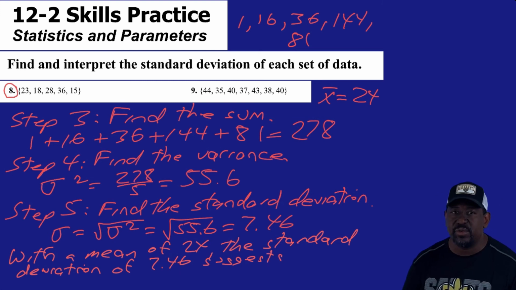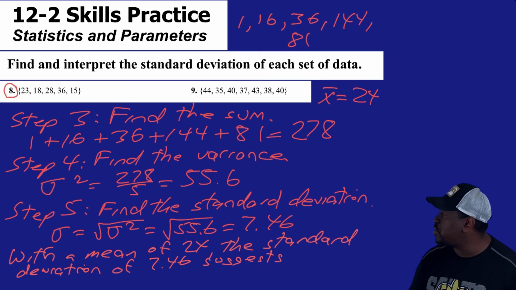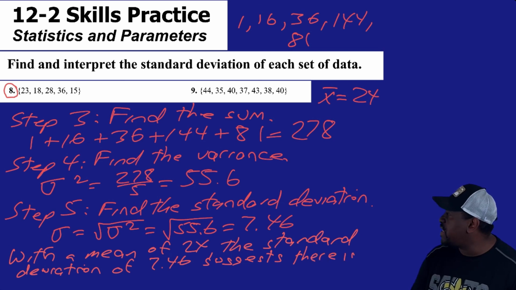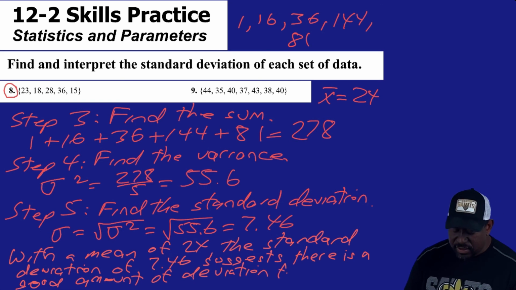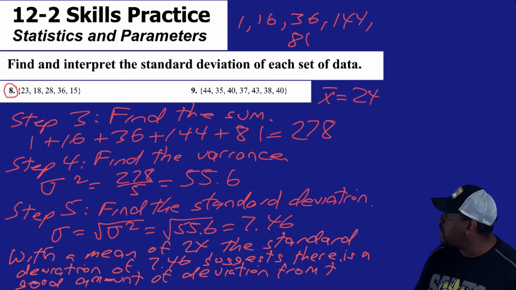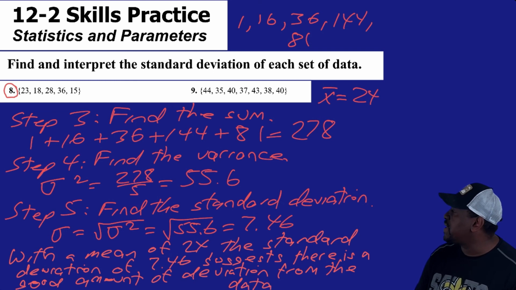suggests, the NOLA Mathman says, that there is a good amount of deviation from the data.